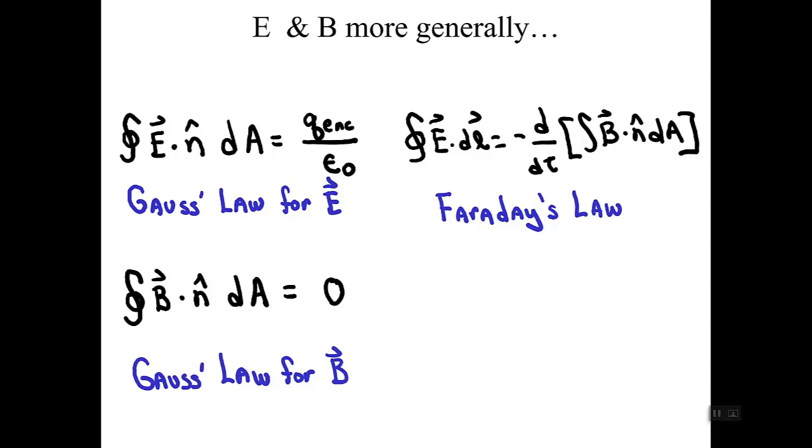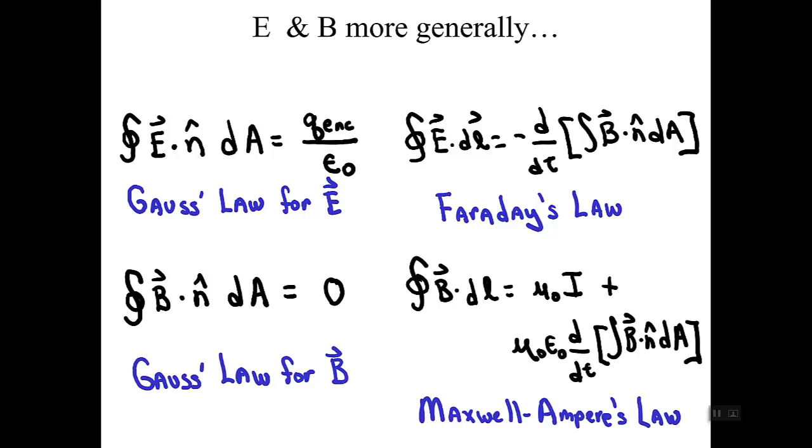There's one more law that we didn't have time to discuss. I'll mention it here. The Maxwell-Ampere law, which says that both moving electric charges and time-changing electric fields can produce magnetic fields. Together, these equations are known as Maxwell's equations and comprise our most general description of the classical behavior of electric and magnetic fields.